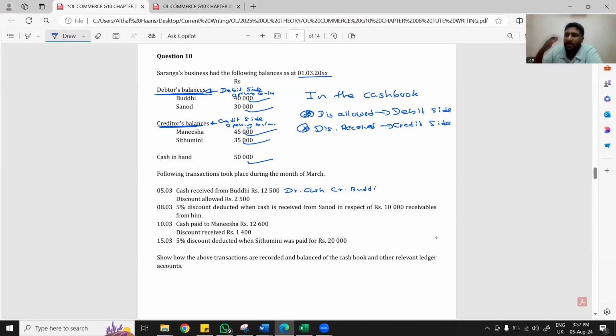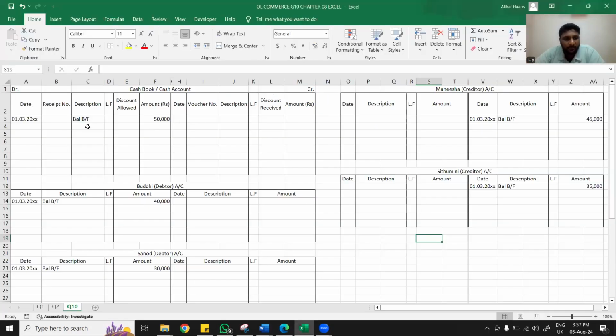Now he is giving me money, so we should reduce his balance. That asset is getting reduced. So cash debit, Buddhi credit, 12,500.